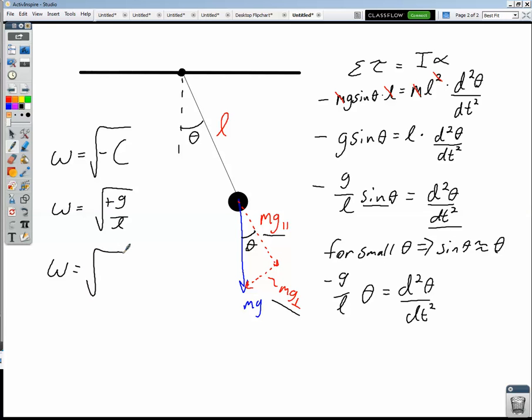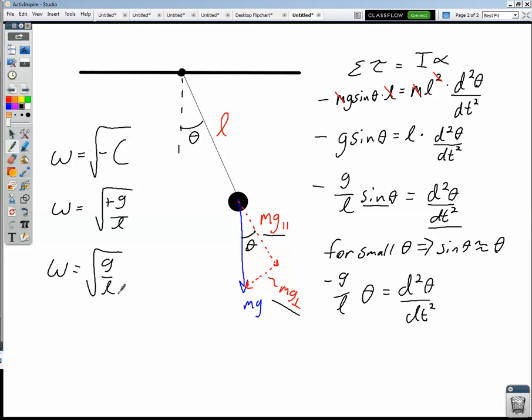So omega is equal to root g over L for a pendulum. And this makes sense. If we increase the length of the pendulum, we are going to decrease the frequency of its oscillation. If we increase g, the acceleration due to gravity, if we do this on Jupiter, then we are going to get a bigger angular frequency.